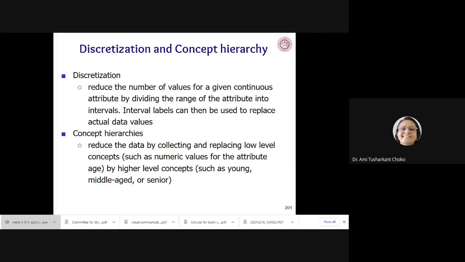We do that. So we replace the low level concept with the high level one. Do we have that thing here? Let us see a particular example. You can understand it very clearly, right? Let me show you that.